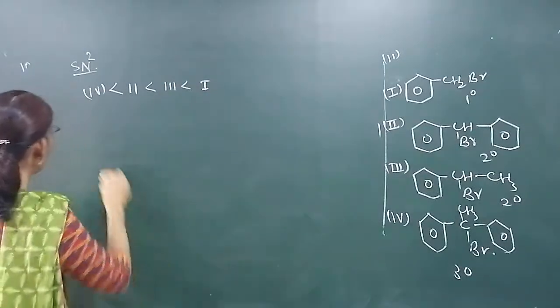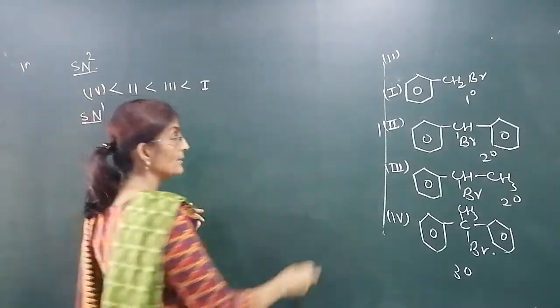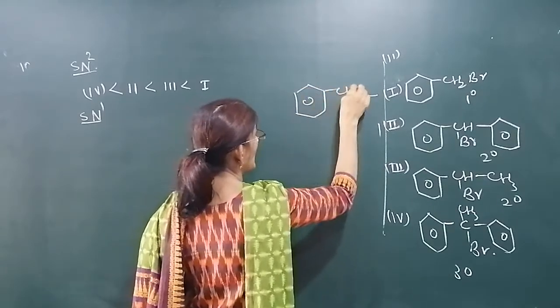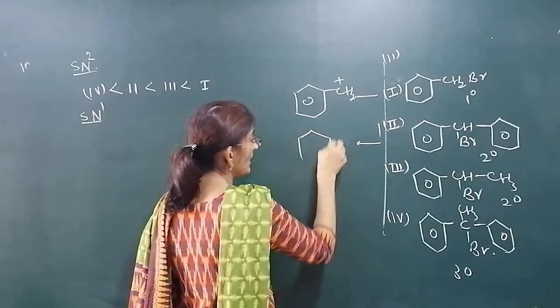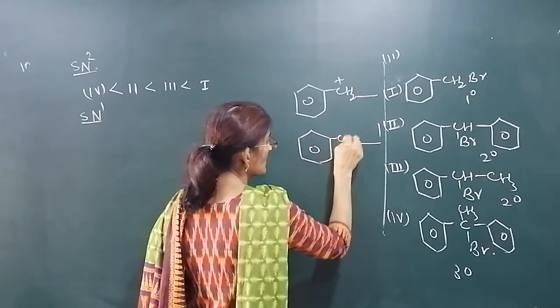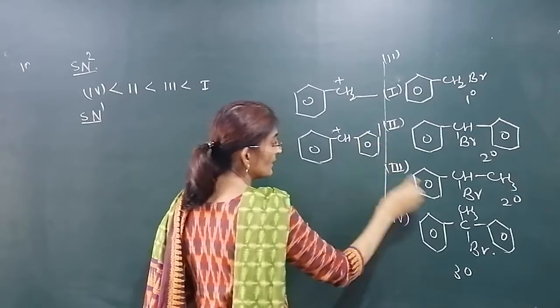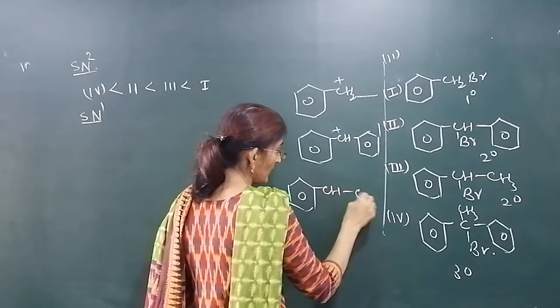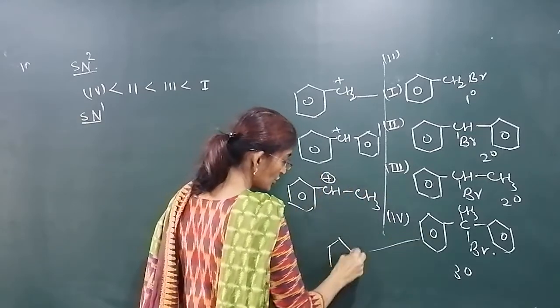And if you want to write the order of SN1, then we have to see the stability of carbocation. What type of carbocation is formed by this? It forms a benzyl carbocation, which is stabilized by resonance. This is secondary, stabilized by 2 benzyl rings. This forms a secondary carbocation only, but on one side it is a methyl group. And this one will form a tertiary carbocation.